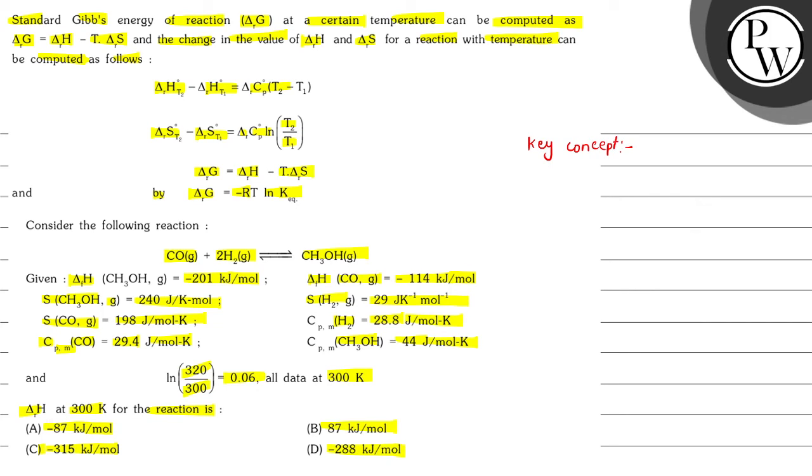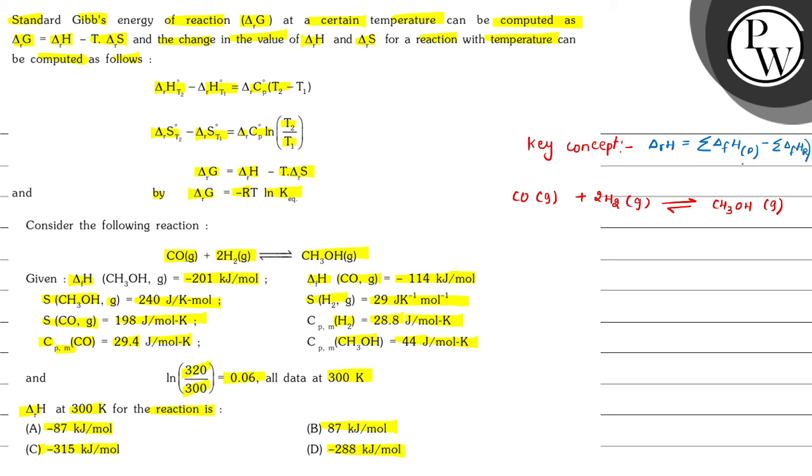Firstly, we will write our reaction, that is CO gaseous plus 2H2 gas is in equilibrium with CH3OH gas. Now in this we can write that here ΔHr, that is change in enthalpy of reaction or standard enthalpy of reaction, we can calculate that summation of enthalpy of formation of product minus summation of enthalpy of formation of reactant.